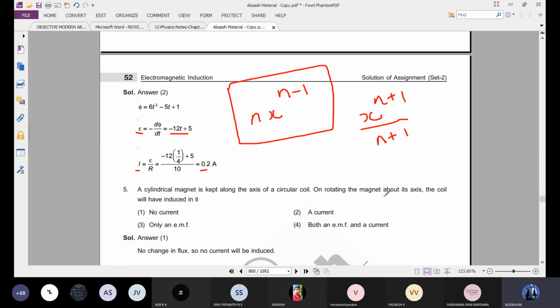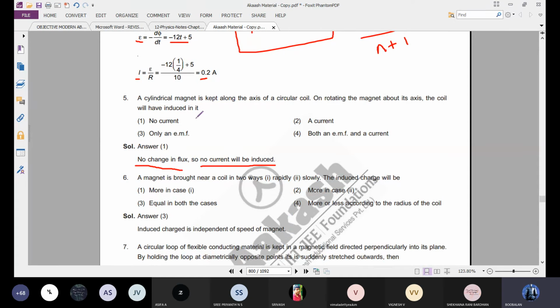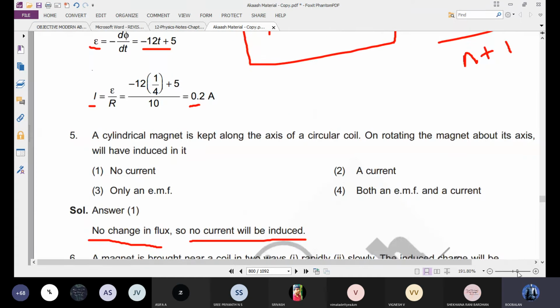On rotation of the magnet about the axis, the coil will have induced current, or no current, only an EMF, or both EMF and current. There is no changing flux, so there is no current. Changing flux only produces induced EMF. Please note down. So this is a condition oriented question based on the experiment.